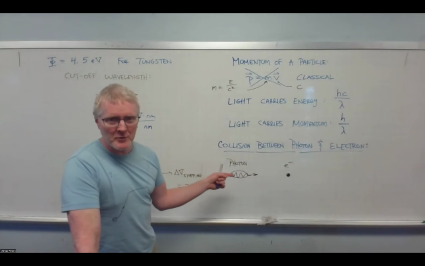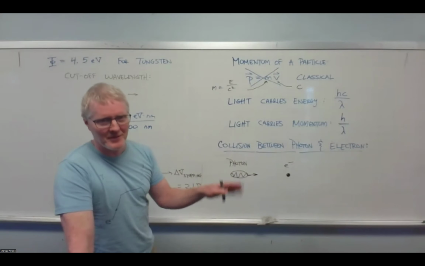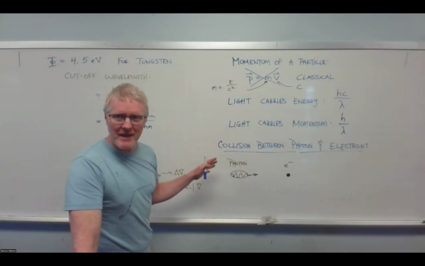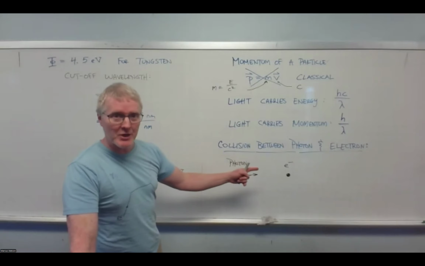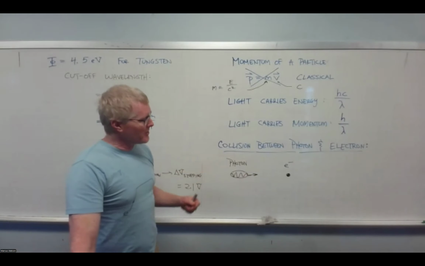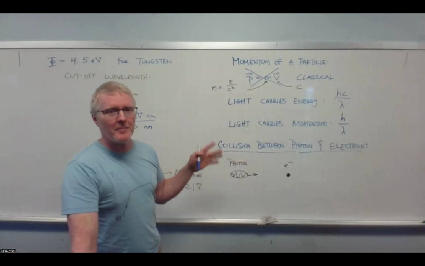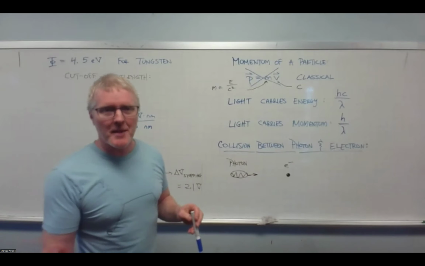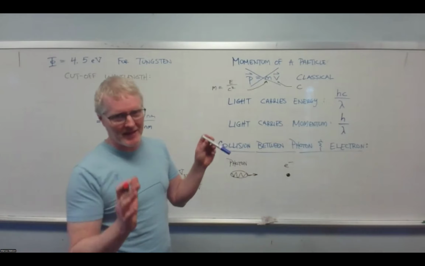The likelihood of the photon hitting the electron, if it's just one of these and one of those, is almost zero. So let's just assume that we have managed the lucky day phenomenon, and the photon is actually going to hit this electron. So what you will find is that you end up with a couple of different options. Okay, I already discussed option number one, the photon completely misses. Okay, great, so that happens.